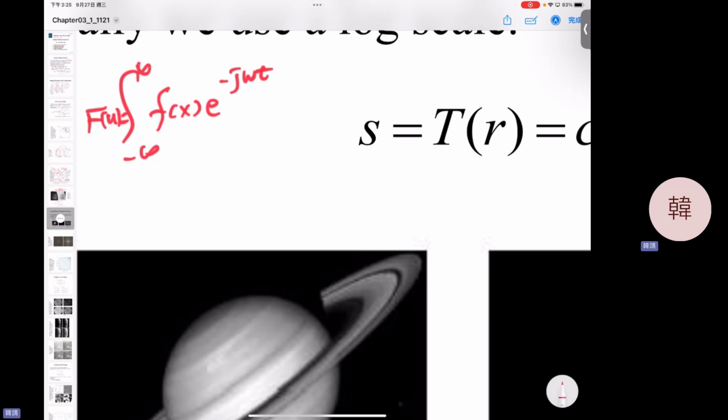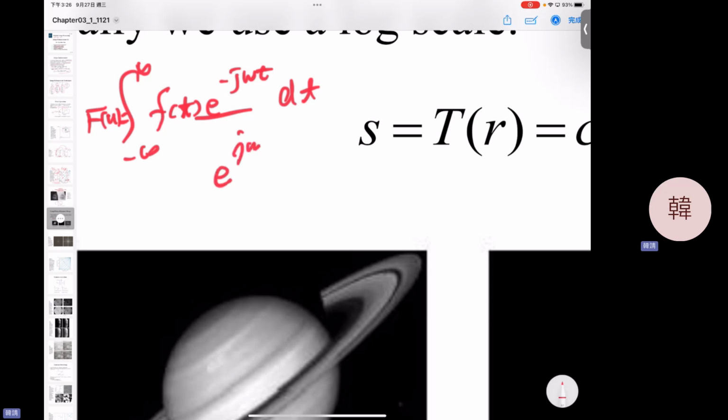It's continuous domain. You multiply by this kernel to change from the time or x domain to the frequency domain. That's one-dimensional; for two dimensions, you multiply by e to the minus j times omega x plus omega y.